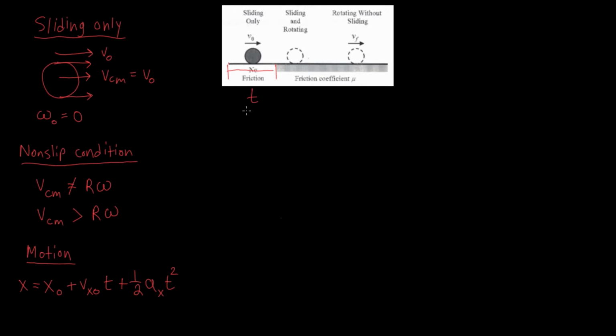So the variable t stands for that amount of time for sliding only. And so another kinematic equation is that the final velocity of the object is equal to the initial velocity of the object plus the acceleration in the x direction times the period of time in which the object is sliding.